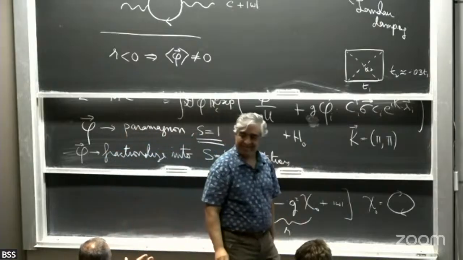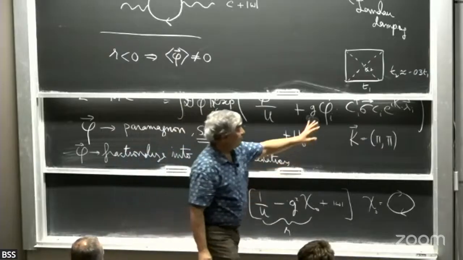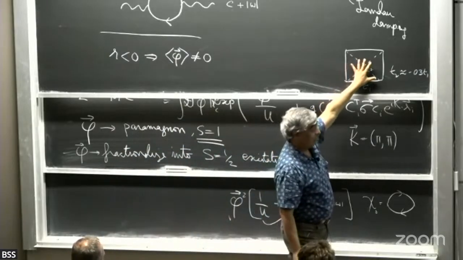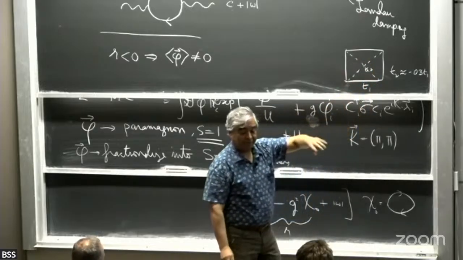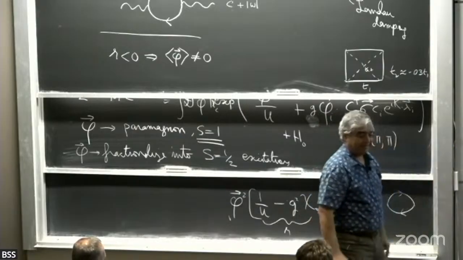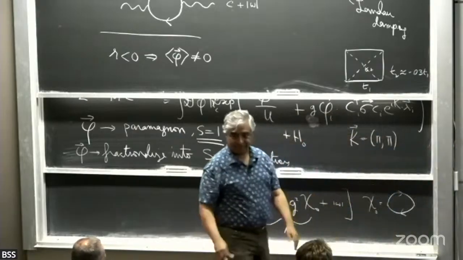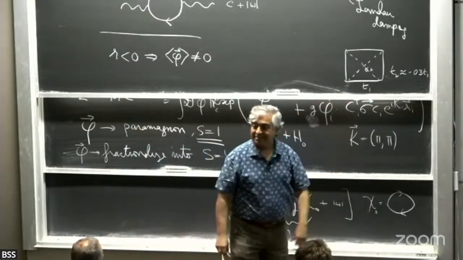Let me tell you what induces a difference. When T2 is 0, there's a particle-hole symmetry. Then 1 plus x density is the same as 1 minus x density. You can map the two Hamiltonians to each other by a particle-hole transformation. But when T2 is not 0, you can't.